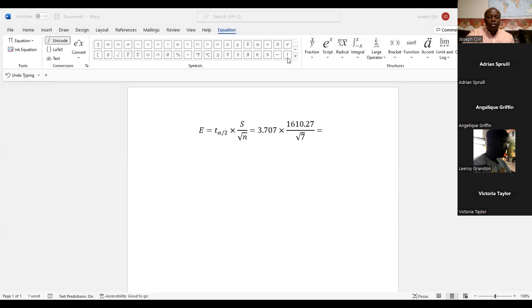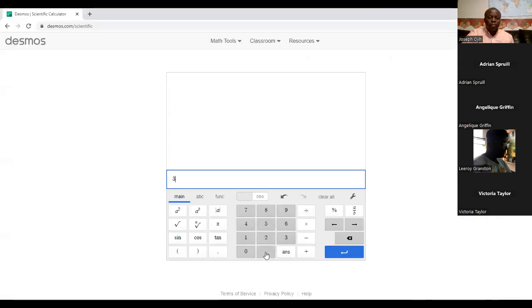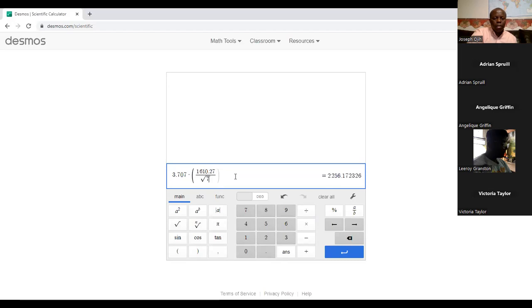So we have 3.707 times the standard deviation 1610.27 divided by square root of 7. That gives 2256.17.